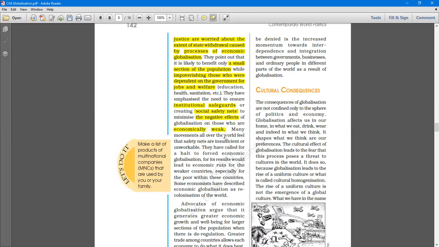Many movements all over the world feel that safety nets are insufficient or unworkable. They have called for a halt to forced economic globalization.